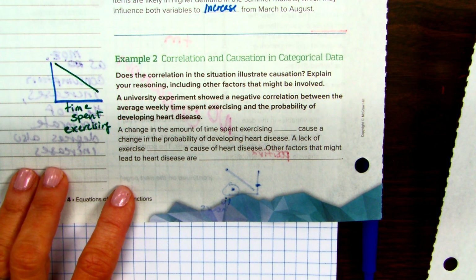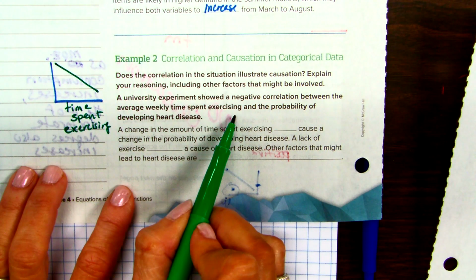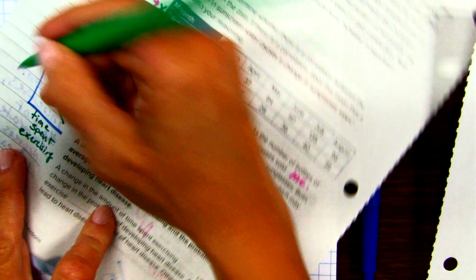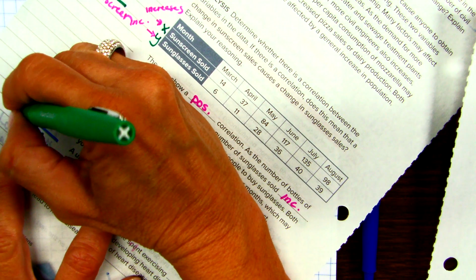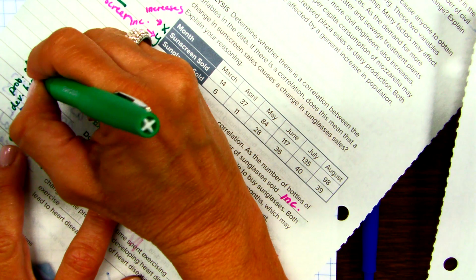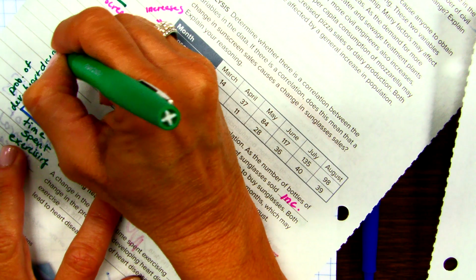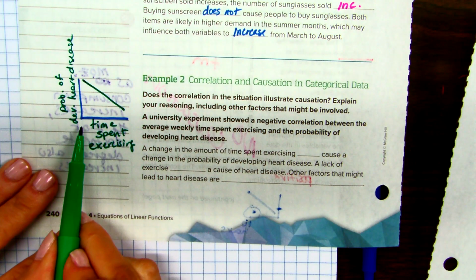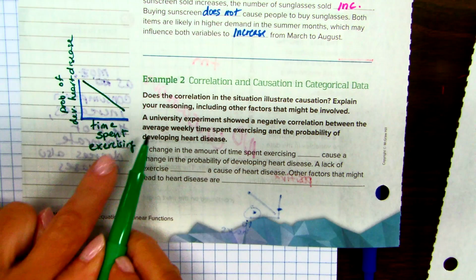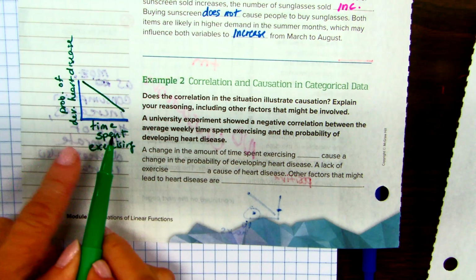That's all. Between the time spent exercising and probability of developing heart disease. So let's talk about that. As time spent, so the more you exercise, right, because X's are always increasing.